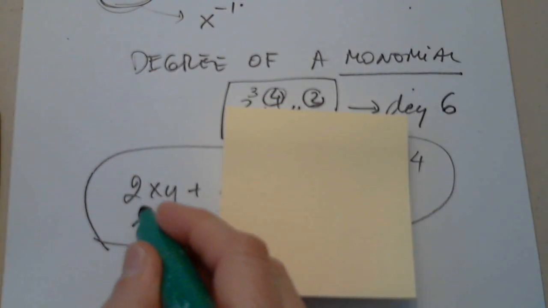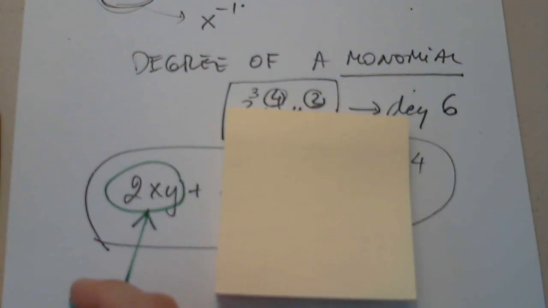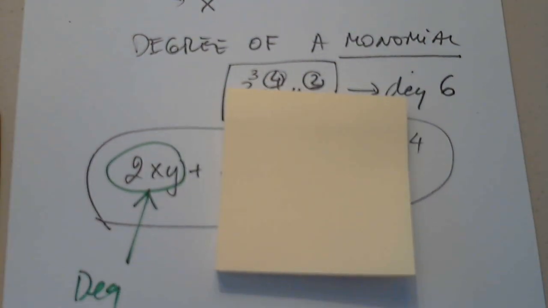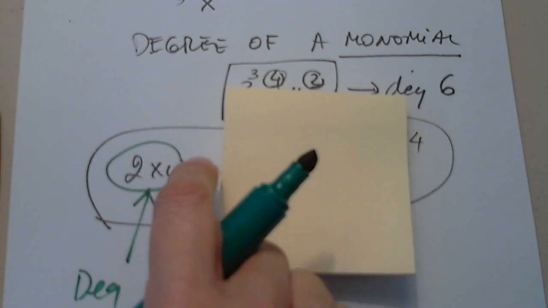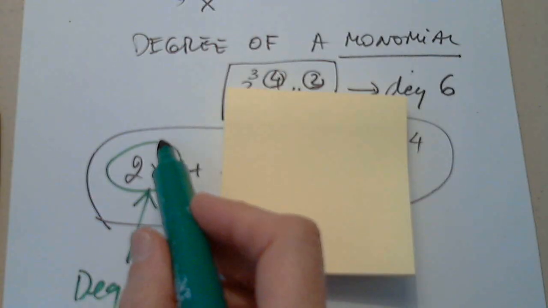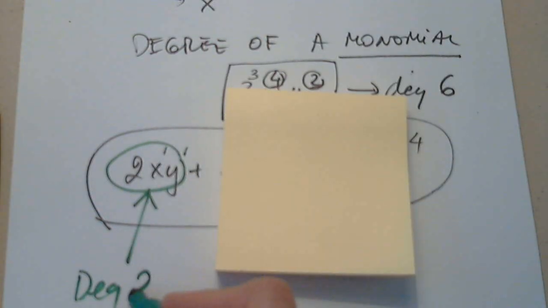Can anyone give us the degree of this monomial only? Say it again. The degree of this is? 1 plus 1. It has two variables. Both have power 1, so 1 plus 1 is 2.